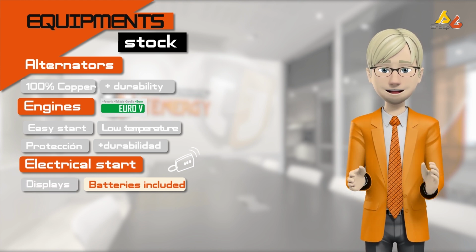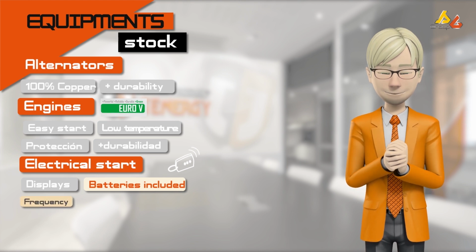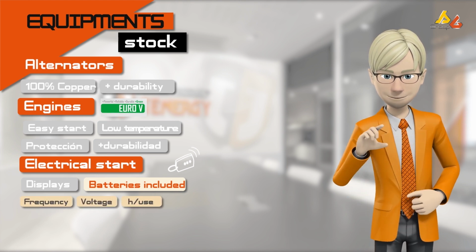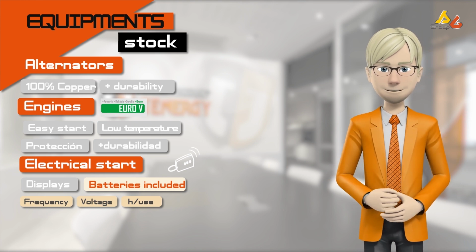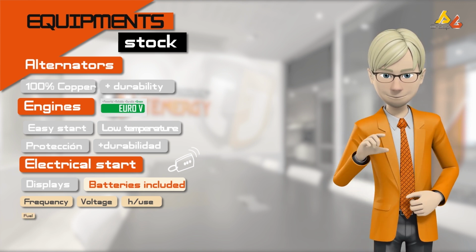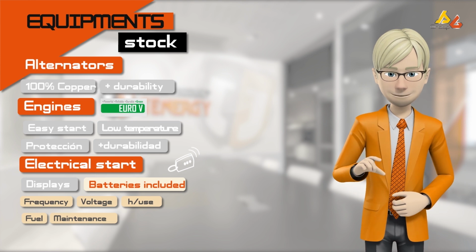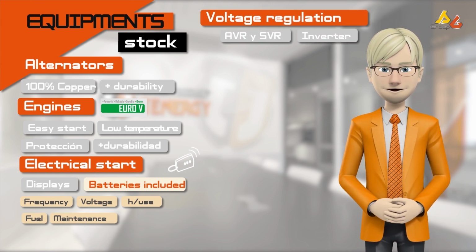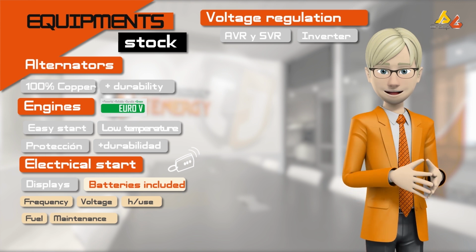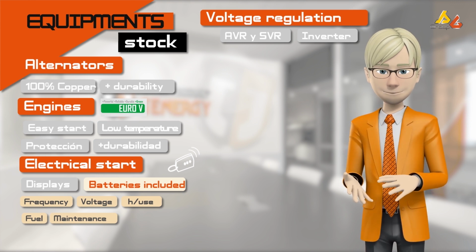Digital displays for monitoring all generator parameters, frequency, voltage, hours of use, fuel level, and warnings for proper maintenance. AVR, SVR or inverter voltage regulation on all our generators so that your most sensitive equipment is always protected.